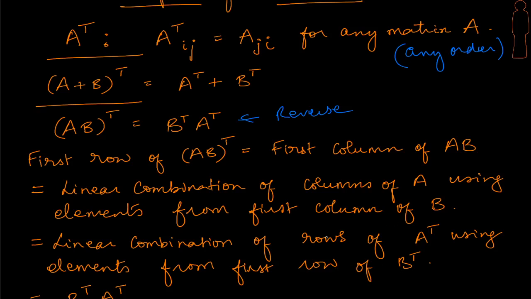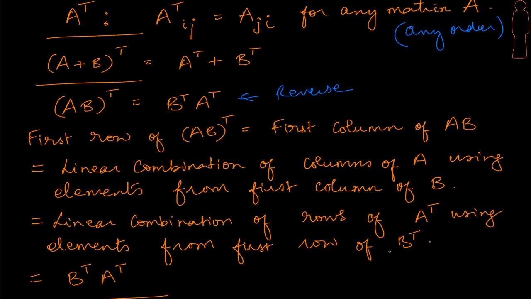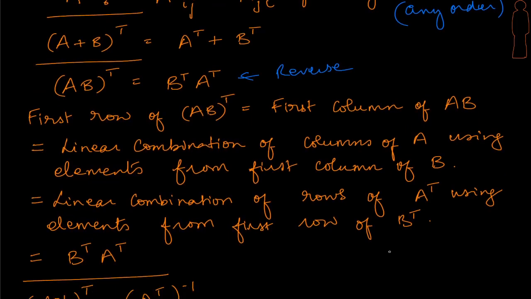Now look at the row view of multiplication: the linear combination of the rows of A transpose using the elements from the first row of B transpose. When we look at the row view of multiplication, this will give us B transpose A transpose, and not A transpose B transpose. Please do review in case there is a question of why it's not A transpose B transpose.